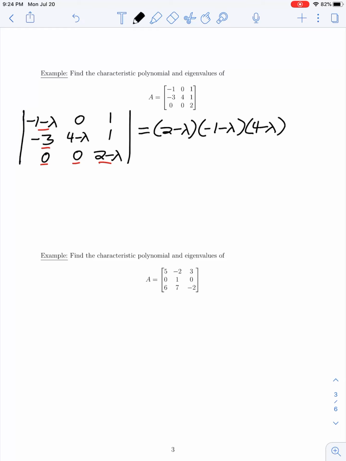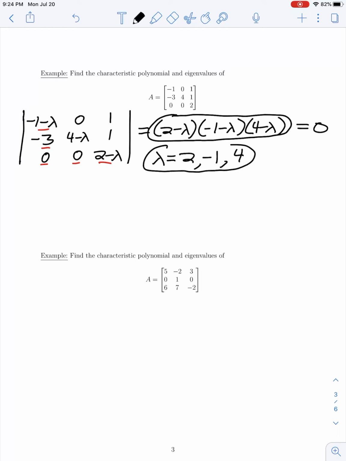So I would have the product of these three expressions for my characteristic polynomial. And to find the eigenvalues, we set this characteristic polynomial equal to 0, and we can see that there are three choices. Either lambda is equal to 2, lambda is negative 1, or lambda is equal to 4.